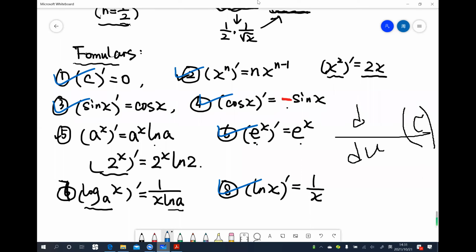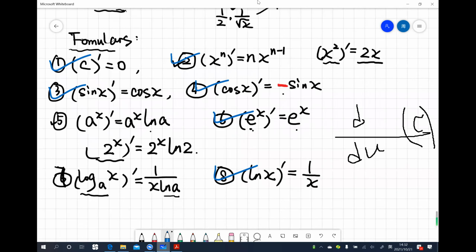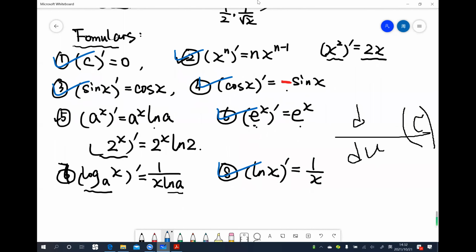I'm asking because prime can get confusing, since we have a lot of primes too, and we are used to d by dx. You learned that in high school, right? So that is also okay.